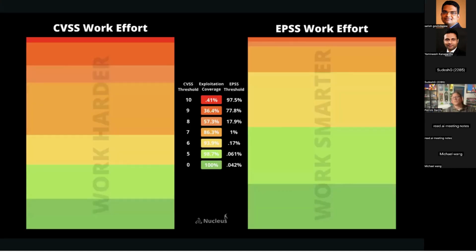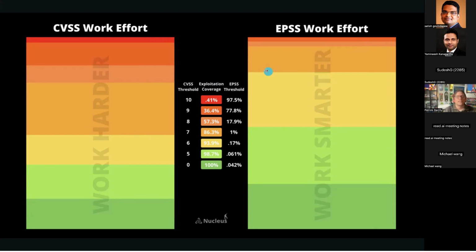One last one I'm going to show is the colorization here in the color bars. And I know I need to work on my colors because if you're colorblind, I'm sorry. I'm learning. People are teaching me on my data visualizations. But essentially, work effort is broken down here with CVSS version 3 on the left, and then EPSS on the right. So this shows you on the left here, we can see CVSS version 7, you would have to do 56% of all vulnerabilities in NVD.